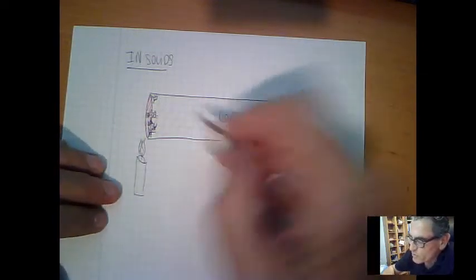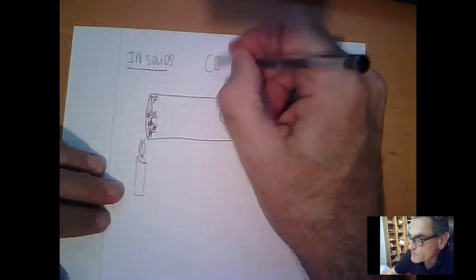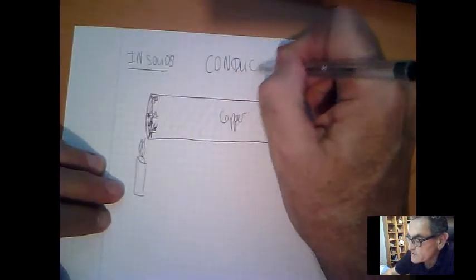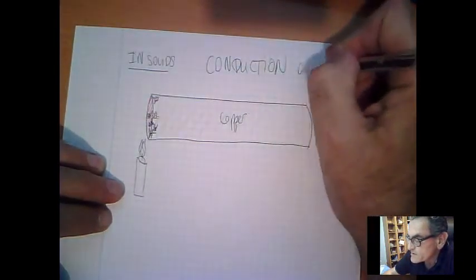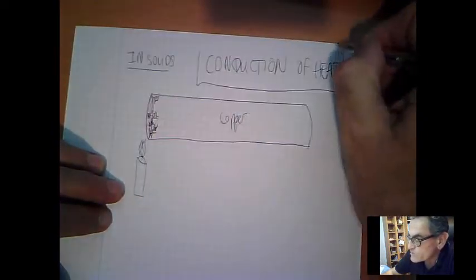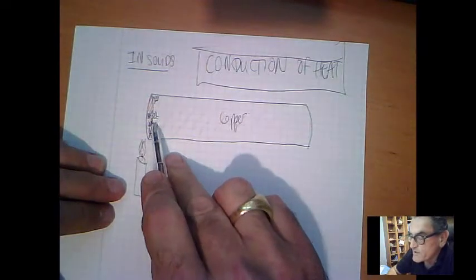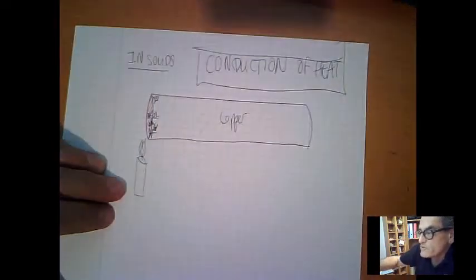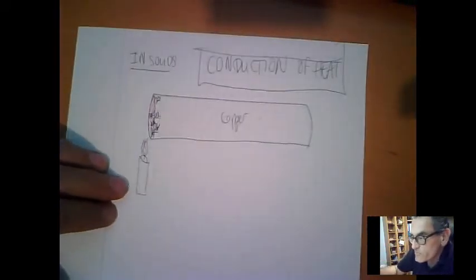So actually conduction, because this is the name we give to this mechanism, conduction of heat, works at the atomic level, with every atom communicating to its neighbors this vibration energy.